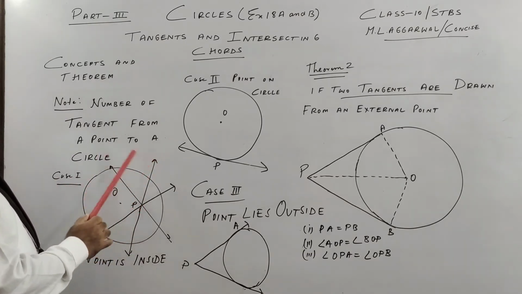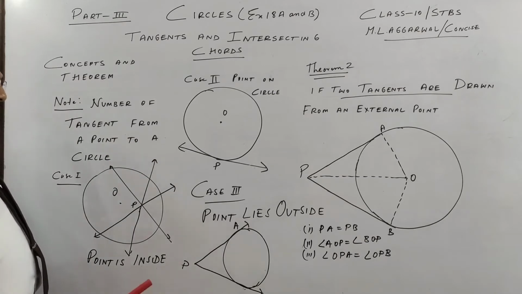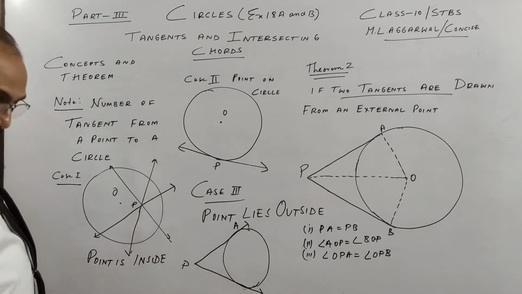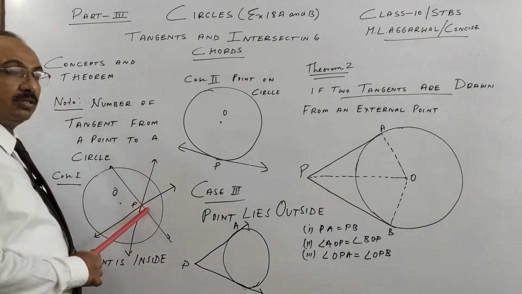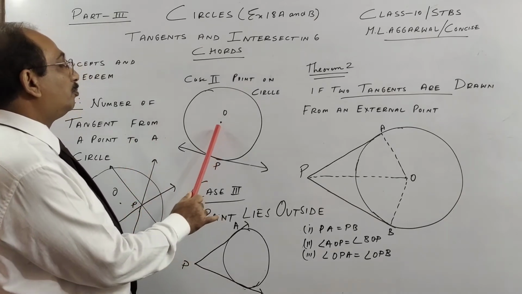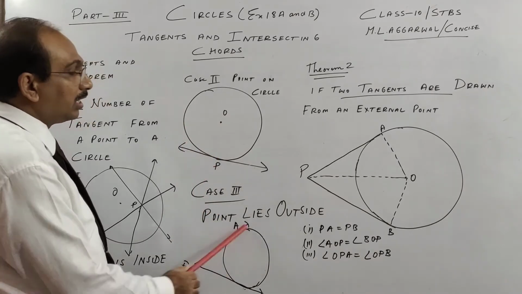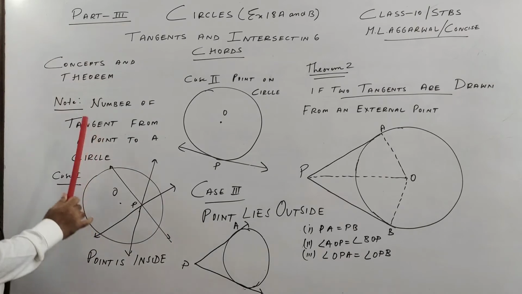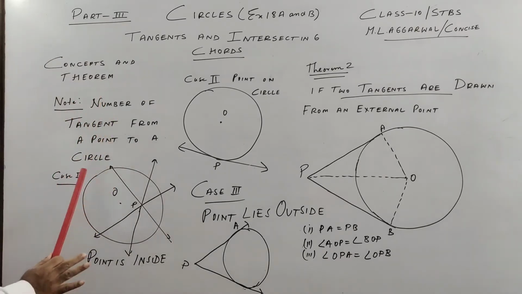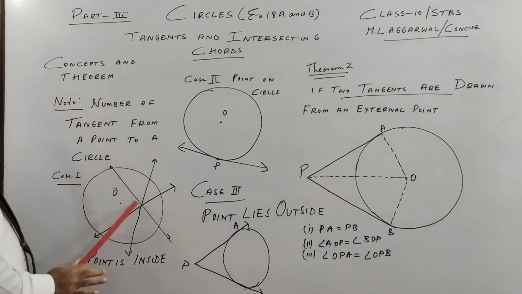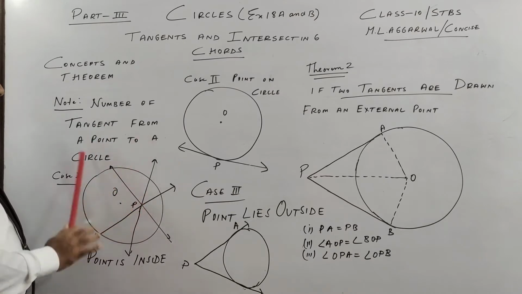We are going to see how many tangents are possible under 3 situations: if the point is inside the circle, if the point is on the circumference, and if the point is outside the circle. How many tangents are possible from a point to a circle?